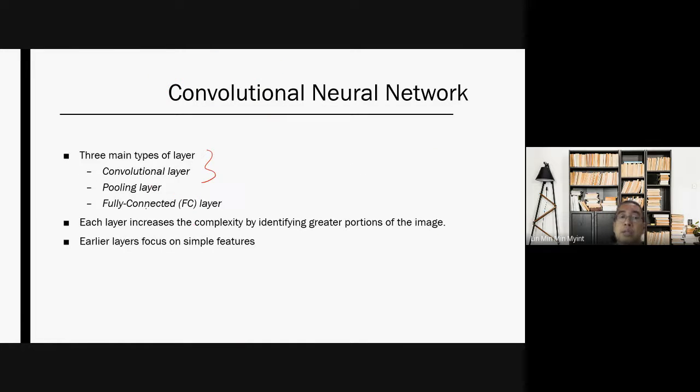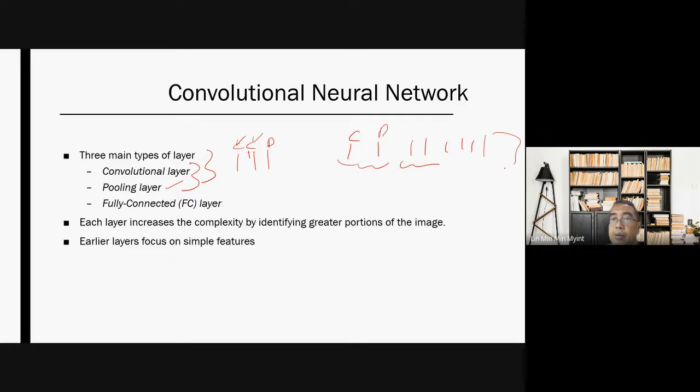Sometimes we use two convolution layers and then a pooling layer, or in some cases one convolution and one pooling, and then we cascade many of these.